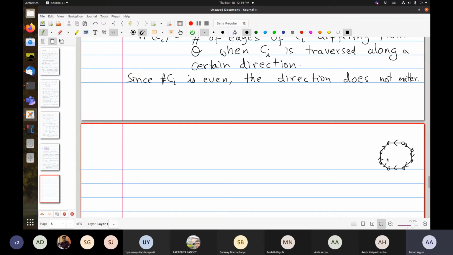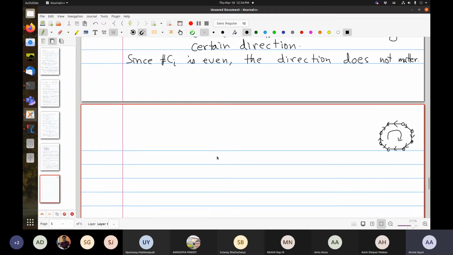If I go clockwise, I get nothing from here, nothing from here, 1 from here, 1 from here, nothing, nothing, nothing, 2 from here. So these give a sign, and if I go counterclockwise, everything else will give, and the total is even. So the parity of both of them is the same. Either both are odd or both are even, so either both give -1 or both give +1. Okay, that's it.